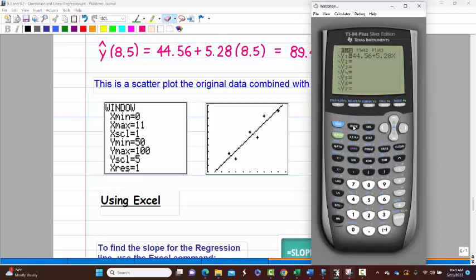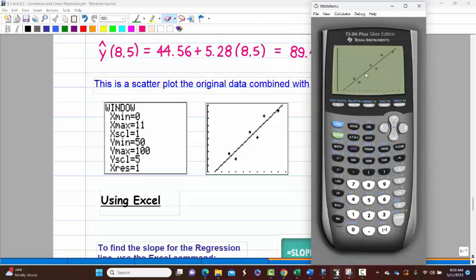And let me quit out of that for a second to show you something. Go second, stat plot. That has to be turned on for it to graph. So I already turned that on. That way it'll draw the line. It'll graph the line for the equation and then graph those dots in there, the scatter plot dots.